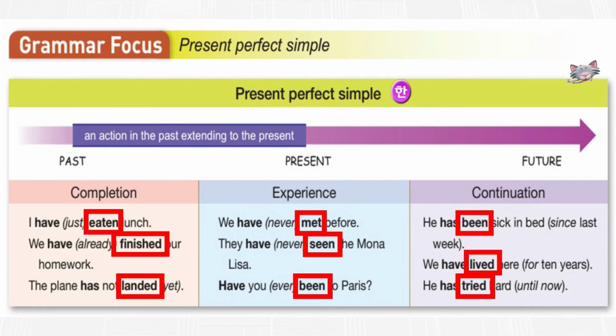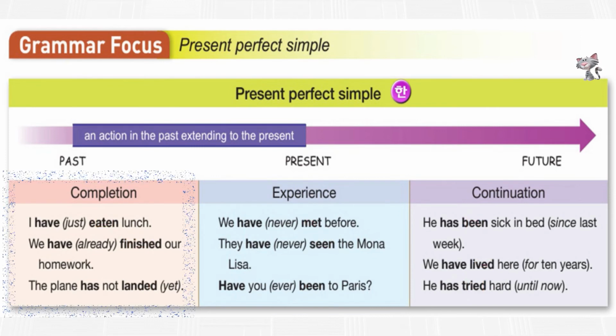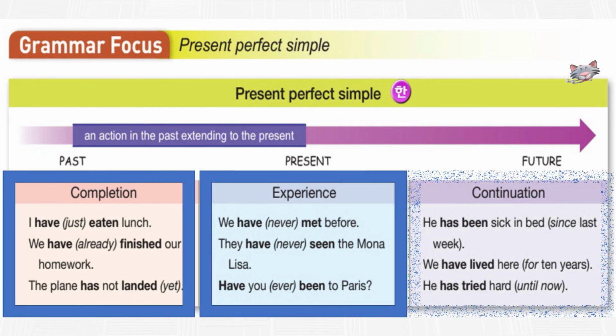So Yonghi, can you just remind us what the past participle is? Yes, past participle is the form of verb that gives you the additional status of action. Yes. Happened, like completed, or experienced, or continued.